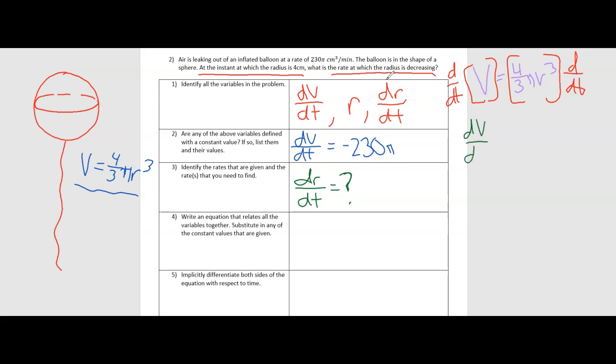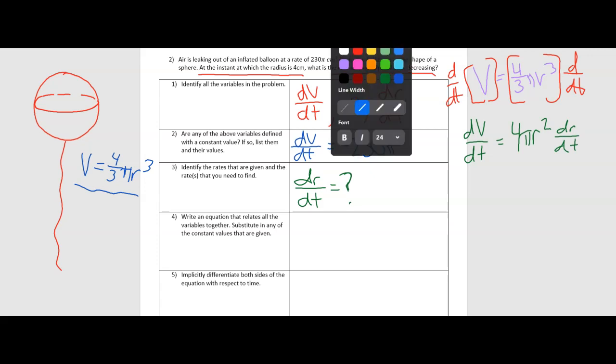I just get dV/dt. The right-hand side, I've got to apply the power rule first. So I get 3 times 4/3, which is going to give me 4 pi r squared, times the derivative of r with respect to t. So times dr/dt.